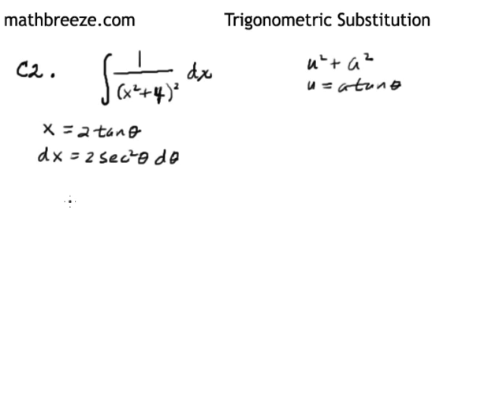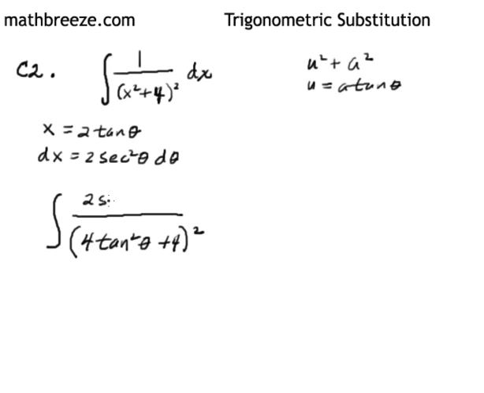All right, so let's go ahead and do the substitution. Here for x squared, we have 4 tan squared theta plus 4 squared. And for dx, we have 2 secant squared theta d theta.